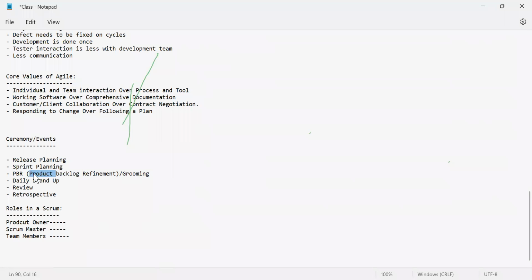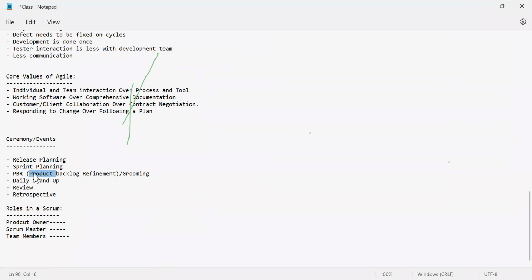Each team has its own team members, right? So when 5 stories are picked up, who wants to work on this story, and what is the effort to work on it? All these are planned during our sprint planning.